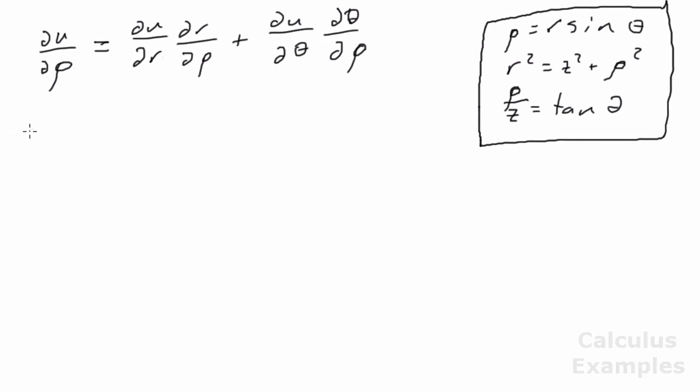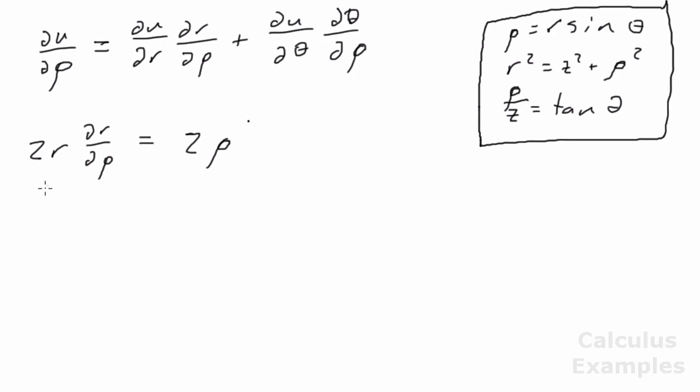Let's start with partial of r with respect to rho. To do that, we're going to do implicit differentiation. So we're going to differentiate equation 2 here with respect to rho. So what we get is 2r, partial r with respect to rho, equals 2 rho, partial of rho with respect to rho, which is 1.